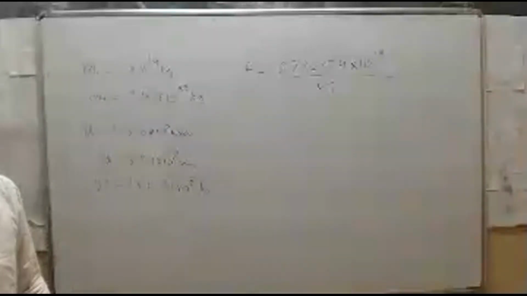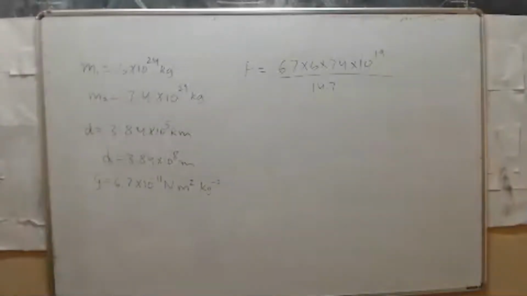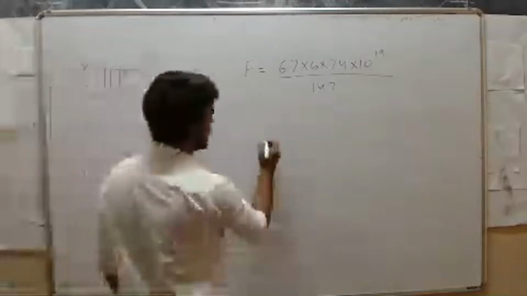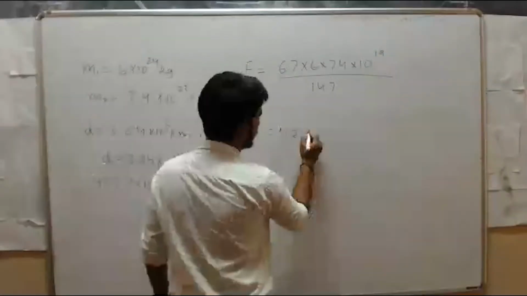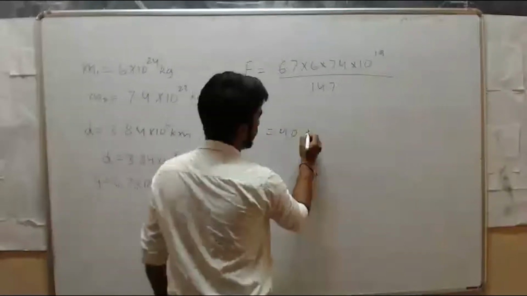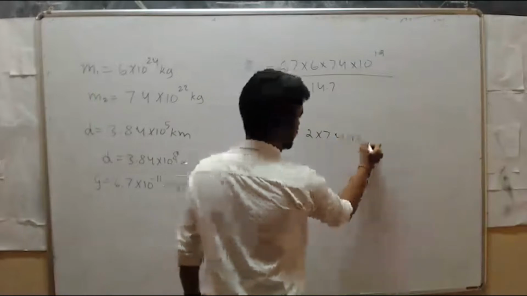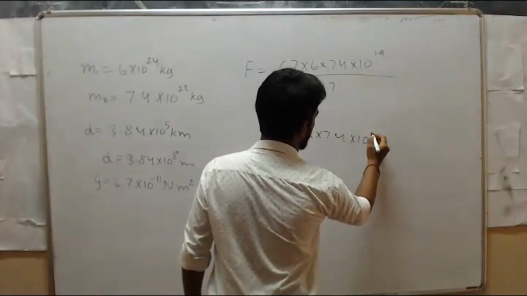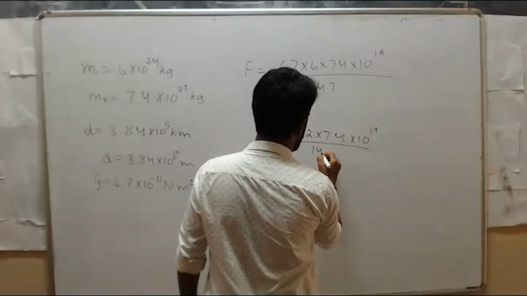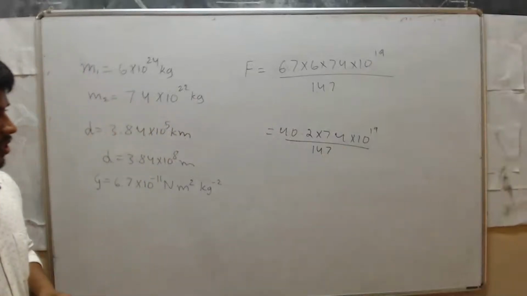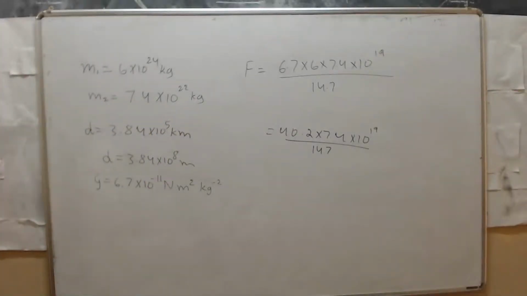Now multiply 6.7 into 6. That is 40.2. Okay. 40.2 into 7.4 into 10 raised to the power 19 divided by 14.7.